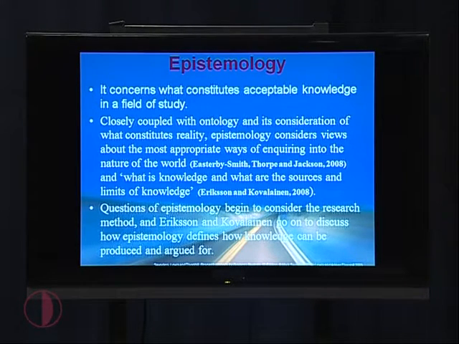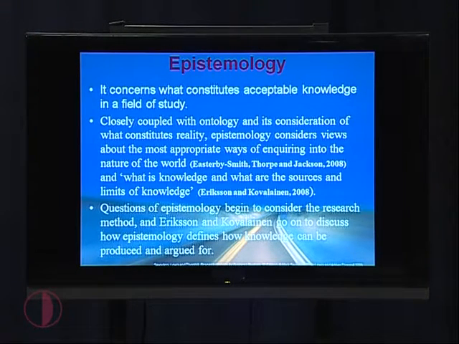Then we move to knowledge, the epistemology. It concerns what constitutes acceptable knowledge in the field of study, the valid knowledge, the useful knowledge, closely coupled with ontology, because ontology is reflecting or leading to the epistemology. It is a view about the most appropriate way of inquiring into the nature of the world. What's considered as knowledge?